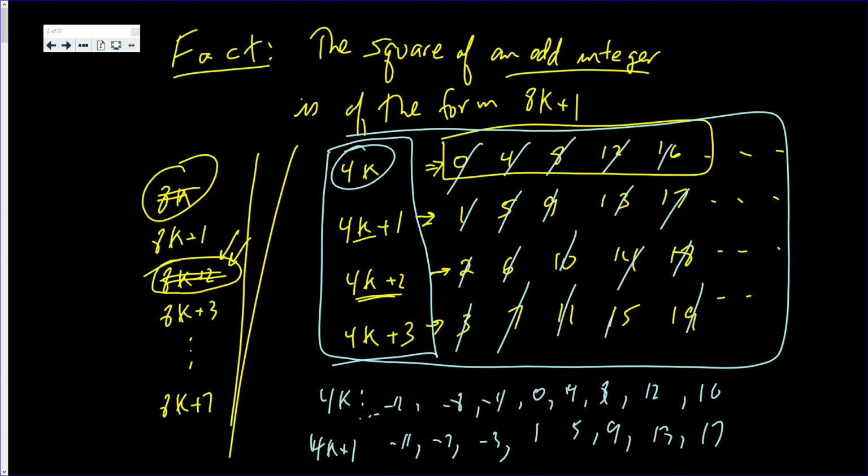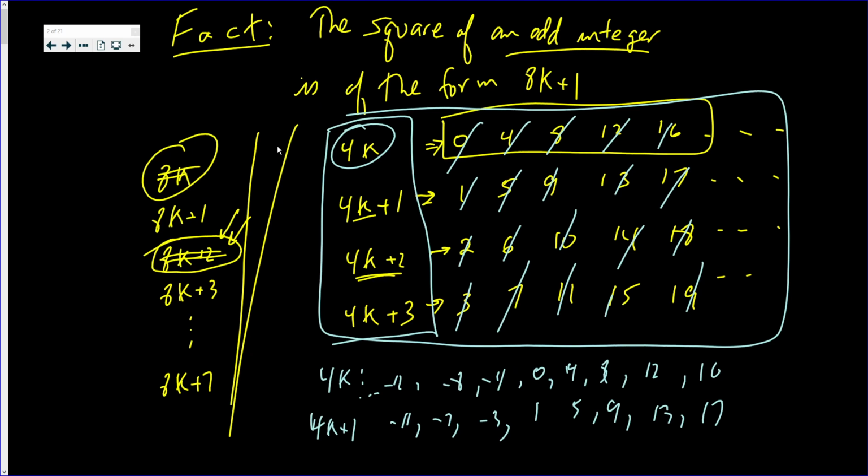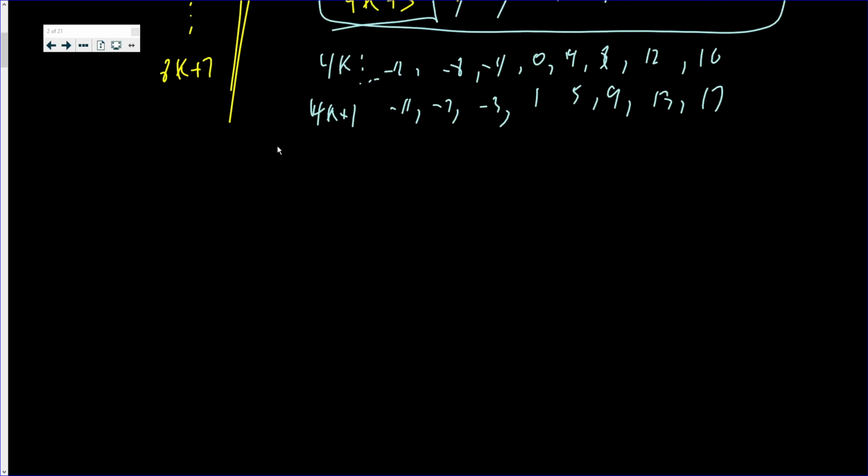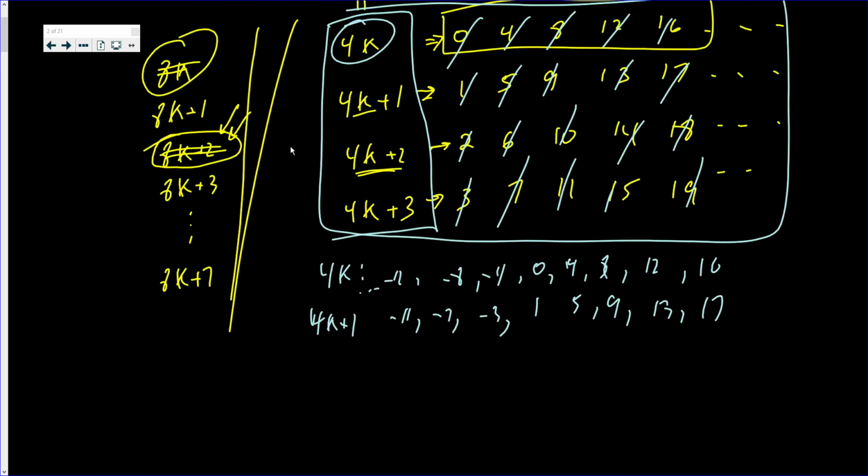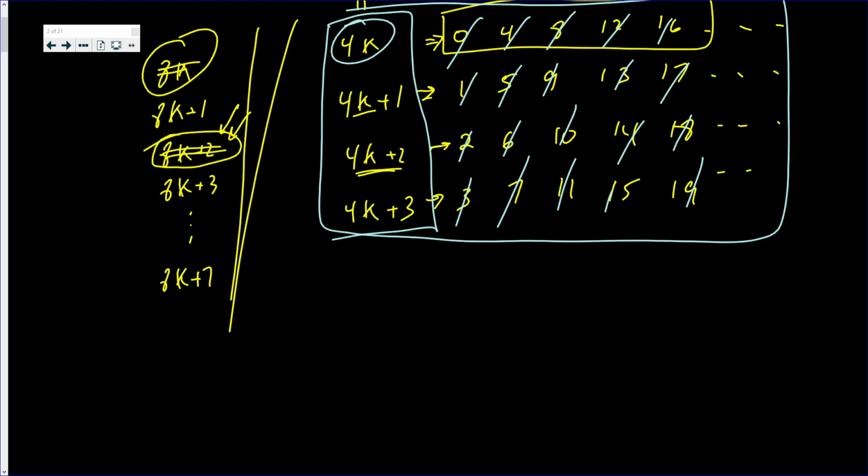And for the record, why can I use division by 4? The division algorithm using 4. The reason is when you square 4k, you get 16k squared, which is a multiple of 8, 8 times 2k squared to be exact, but nonetheless, it's a multiple of 8.